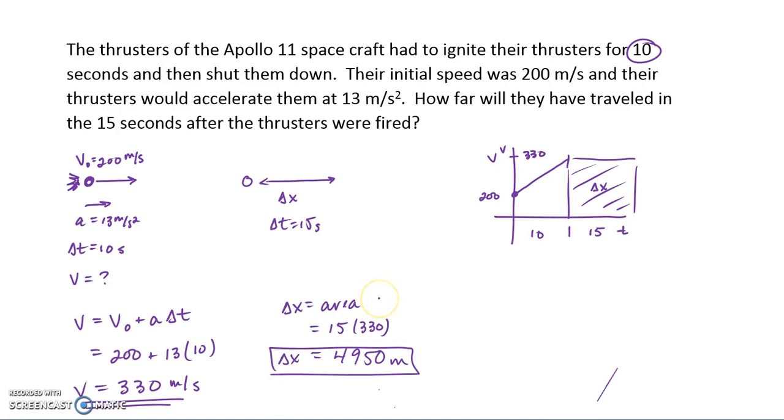Now, if I didn't want to use the area method, I could say that during this portion I'm just cruising along at a constant velocity, and the equation for average velocity is displacement over time. So my average velocity is that 330 that I left off with, the displacement is unknown, and the time interval is 15.